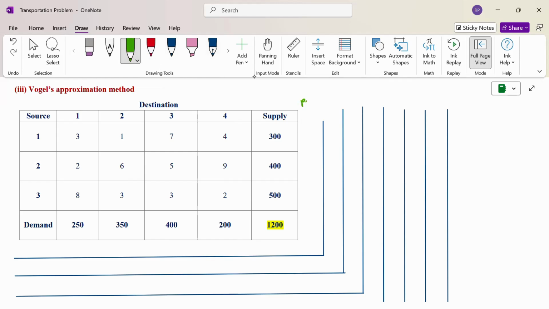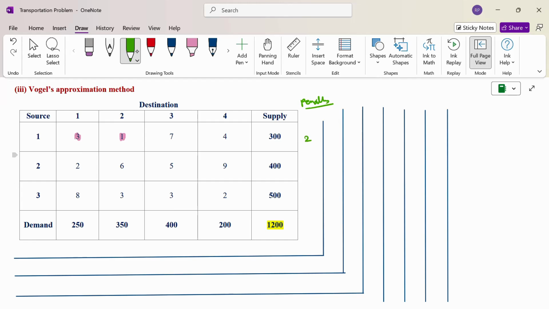What is a penalty? Penalty is nothing but the 2 least numbers' difference. So the 2 least numbers are 3 and 1. The difference 3 minus 1 is 2.